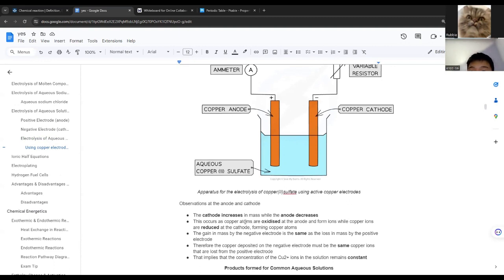That means the copper atoms are oxidized, gaining oxygen and forming copper oxide, and form ions, while copper ions are reduced at the cathode. At the cathode, they're reduced, forming copper atoms, because copper ions are positive.